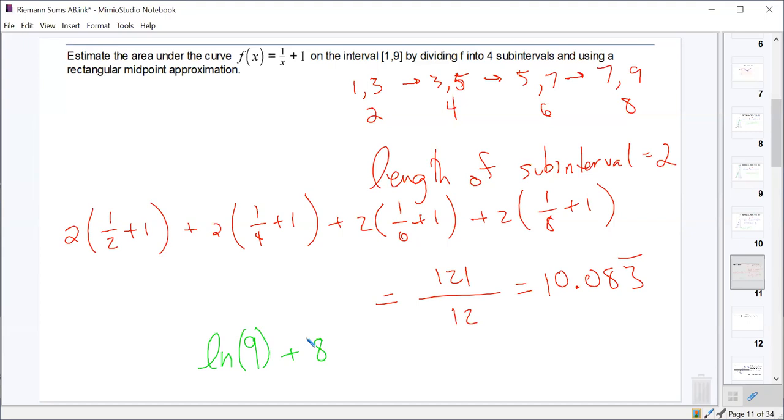What does that come out to be? I don't know. Roughly? You guys tell me. You're the ones with the calculator in front of you. I don't use calculators. I just do all the calculations in my head. 10.19. So yeah, it's off by about 0.2 actually. Pretty decent. About 1/10.